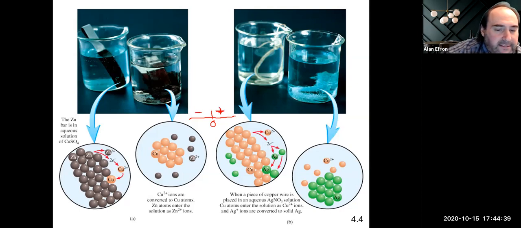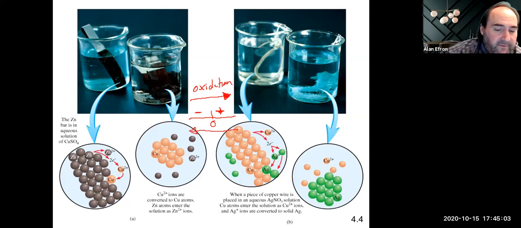And when something goes through oxidation, it loses electrons, which, as we know, makes you more positive. So if the change in the oxidation state or the charge results in something becoming more positive, that is definitely something going through oxidation. While if you gain electrons, you're going to become more negative.